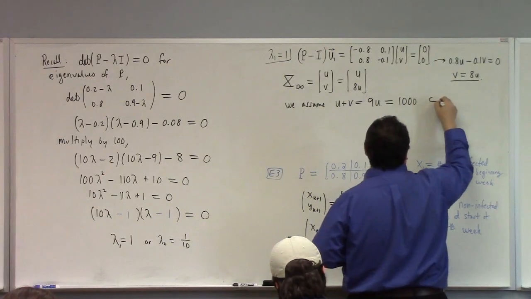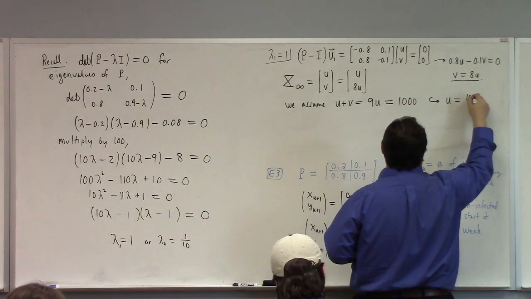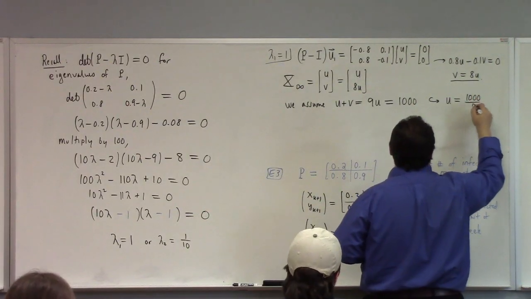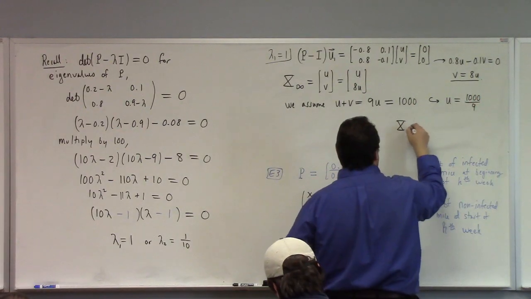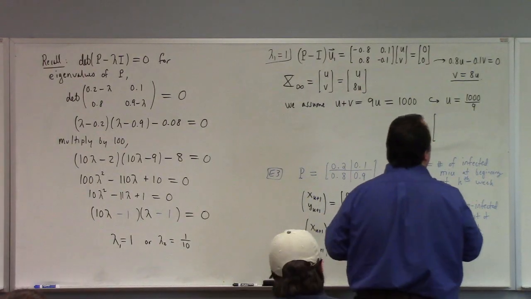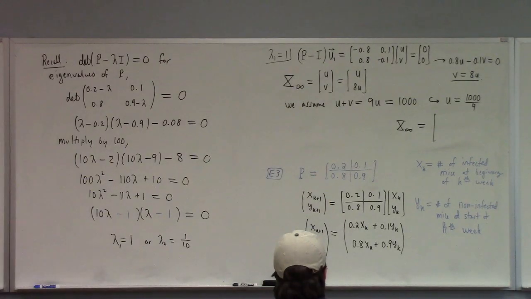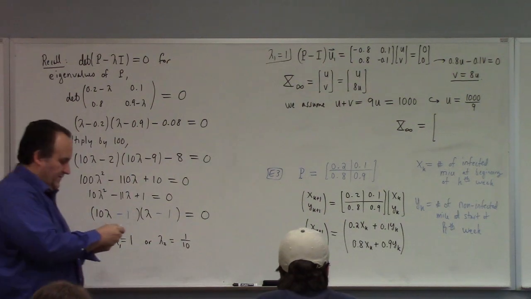Which leads us to the somewhat weird consequence that u has to be 1,000 divided by 9. So my x infinity is ultimately, whatever that is. I'll find a decimal for you guys.